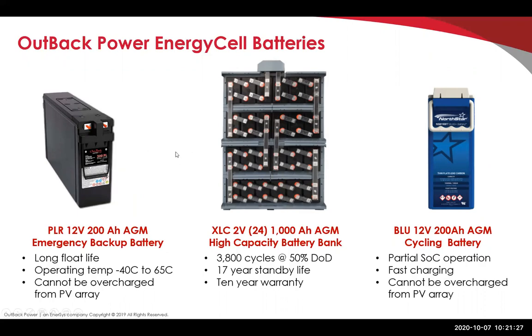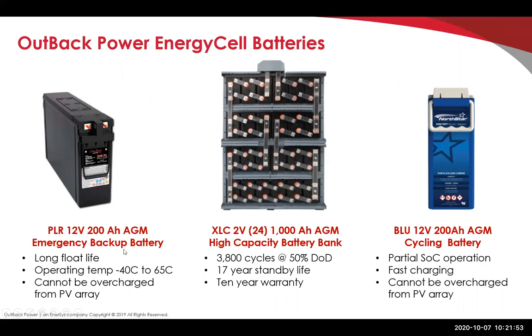Okay, so we have 3 other battery types in addition to the simplified battery as part of our SystemEdge packages. These are the ones that come from Outback/EnergyCell. I don't know if all of you know that Outback was purchased by EnergyCell Battery. It's been almost 2 years now. So in this lineup, we have the PLR battery.